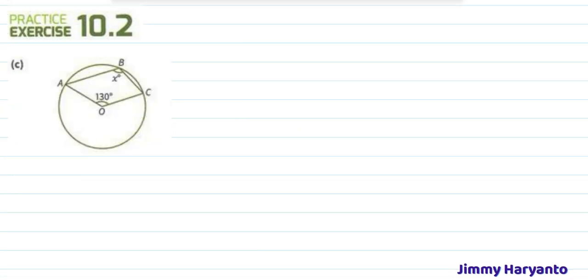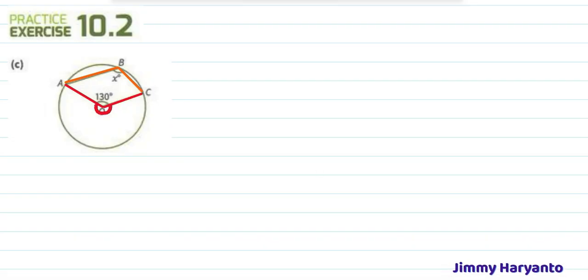And then next is C. For this one, we have a circumference angle right here, but we don't have the center angle, because the center angle has to be this one.